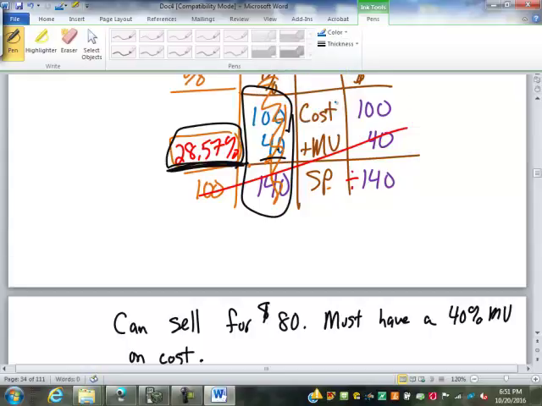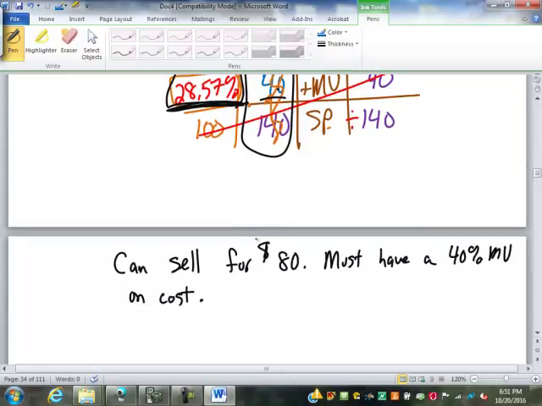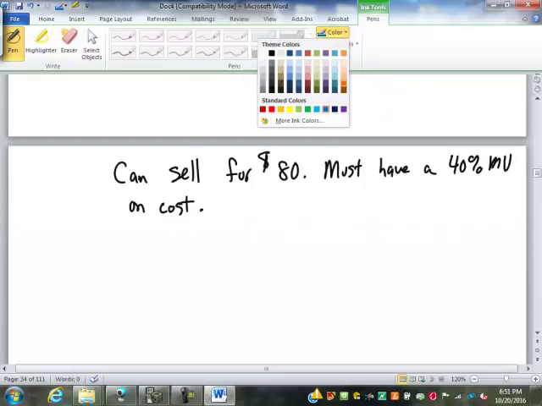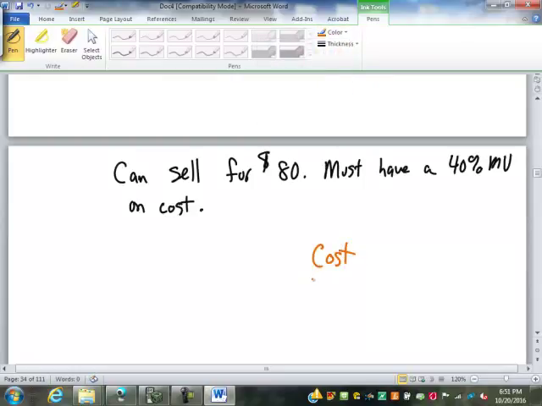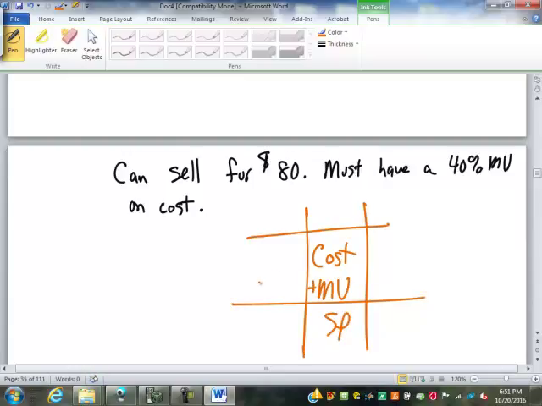So now I'm going to use that information. $80 in here, and 100 is going to go here, which means this is now going to be 71.43.